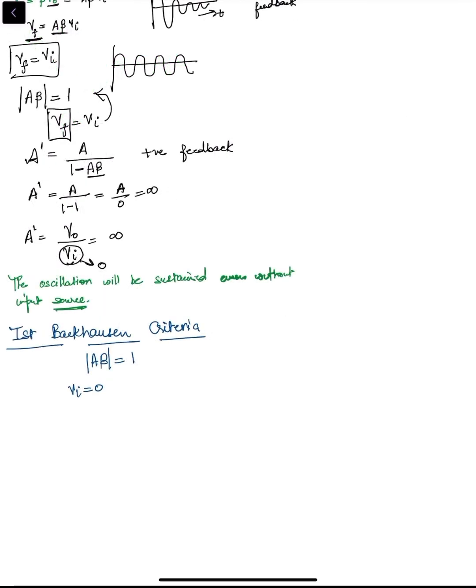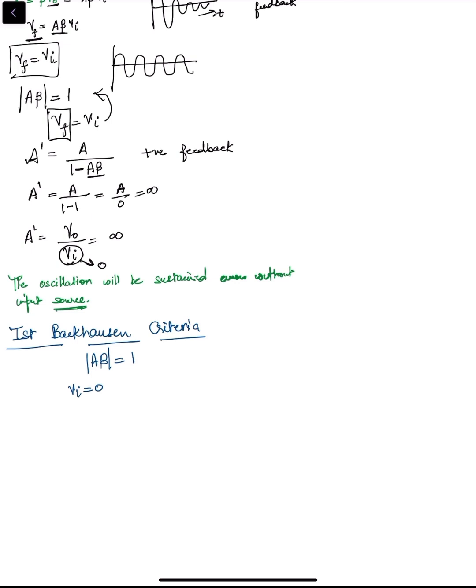So hence the first Barkhausen criterion is that the magnitude of A, which is the gain of the amplifier without feedback, and beta, which is the gain of the feedback circuit, its product, the magnitude of its product, should be equal to 1. In that case, we don't need any kind of input from outside and we will get sustained oscillation.